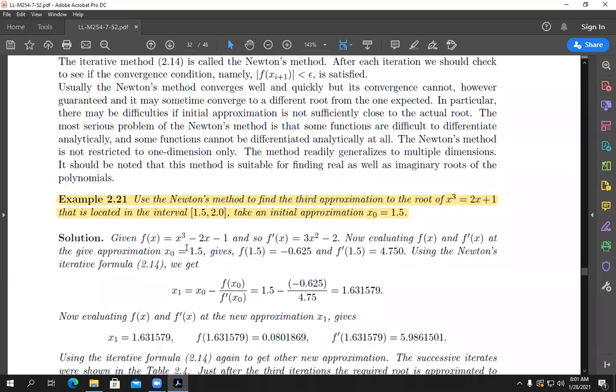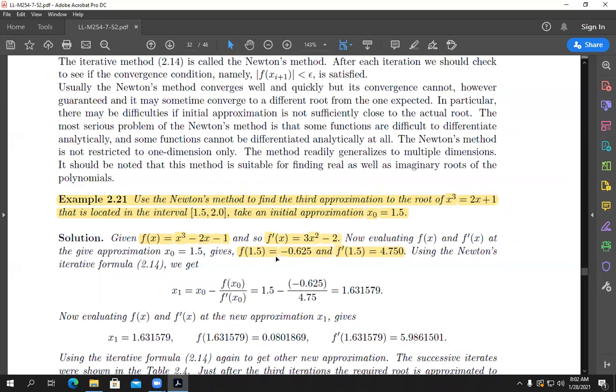Then after finding the value of f of x, taking everything from one side, make one side equal to 0. Then you can easily find, after finding f of x, the derivative of f, which is 3x squared minus 2, and then check the value of the function and the derivative at the initial approximation.